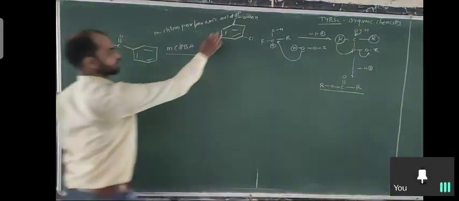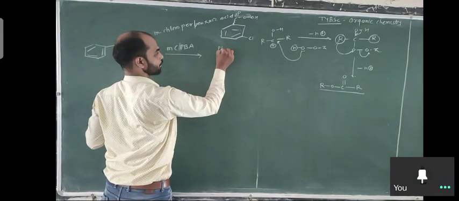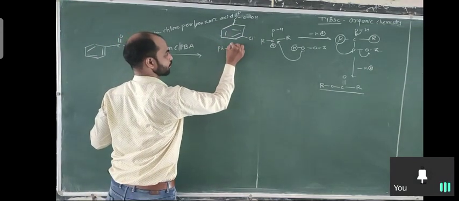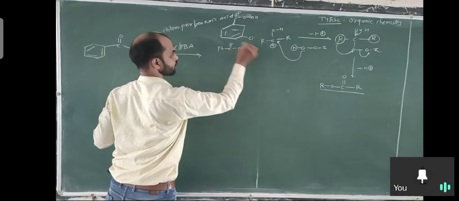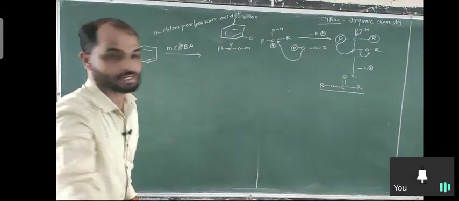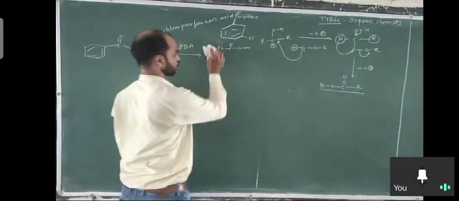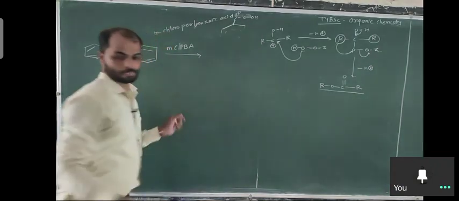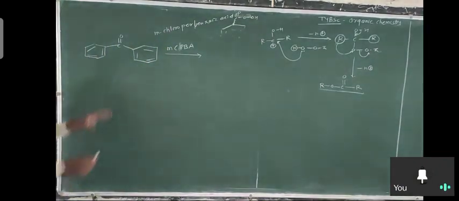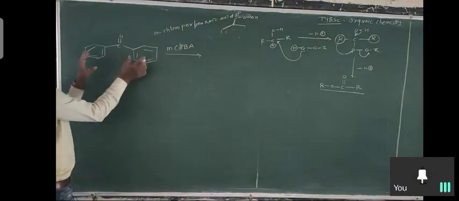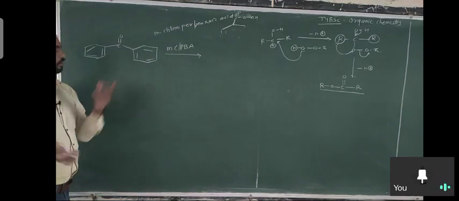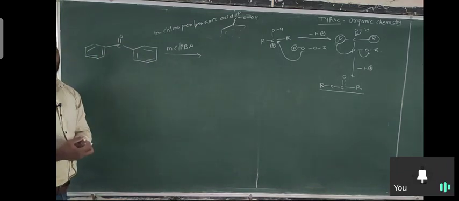Okay. So we can consider this as Ph-C double bond OOH for general representation in a mechanism. Okay. So what is the product? Between these, both are same, so any one is migrated because both are the same.